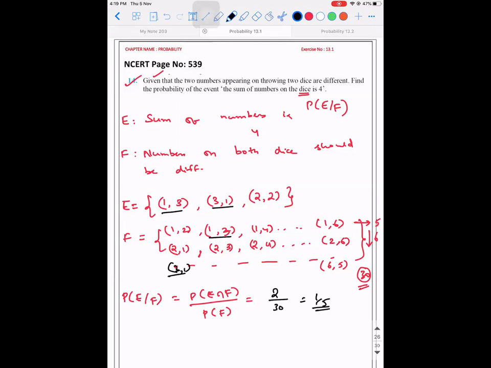Yeah, 2. It's right. So it is 1 by 15. Right.